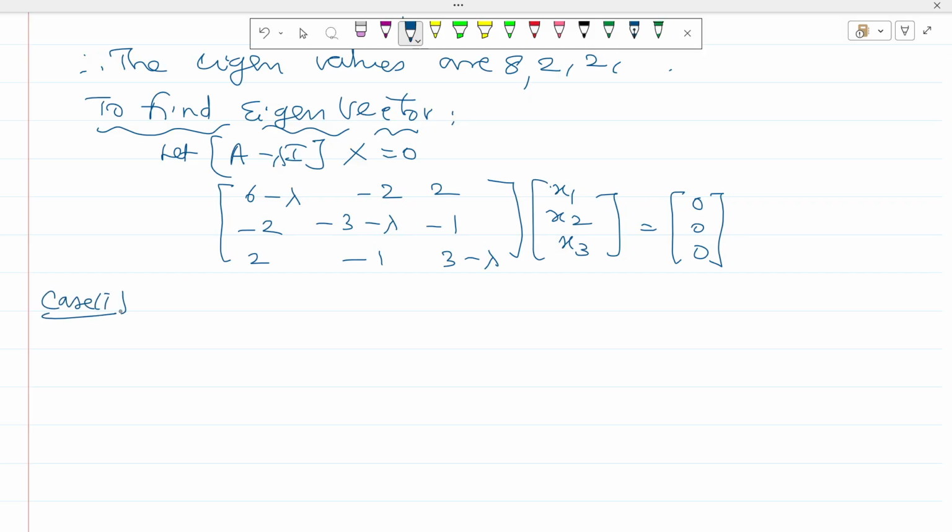Case 1: first you have to take the non-repeated eigenvalue, when lambda equal to 8.